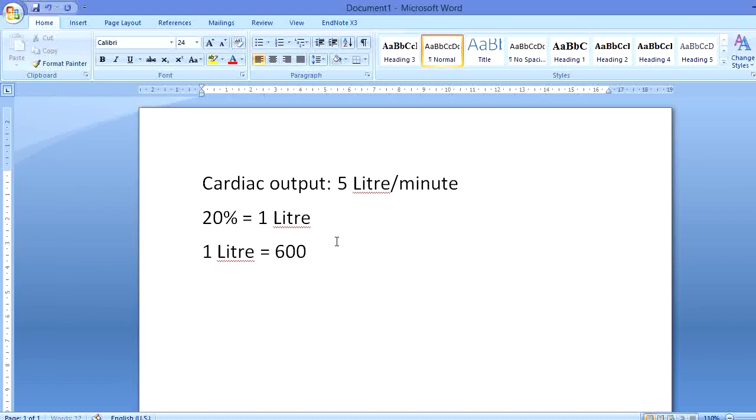So we will assume that 600 ml of plasma will be there in 1 liter of blood. 600 ml of plasma will be there in the 1 liter which goes into the kidney.